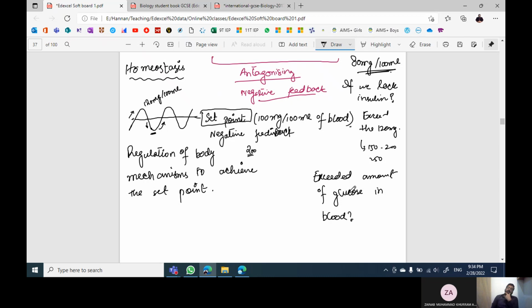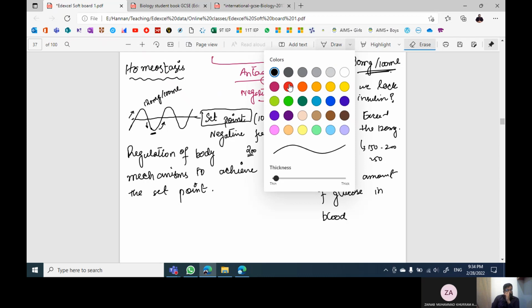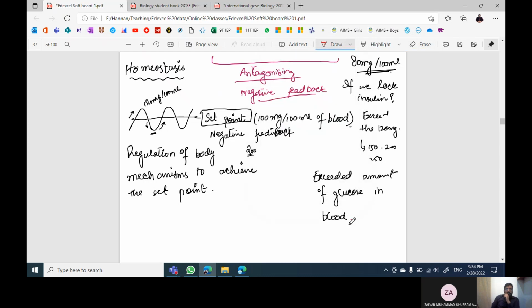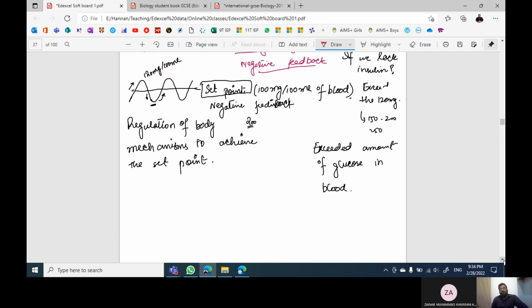You are thinking that the amount of glucose in the blood would increase due to absence of insulin, because insulin has the duty to reduce the amount of blood glucose. So if the insulin is not there, then certainly the glucose would exceed the set point. But the problem is, it is not always insulin.